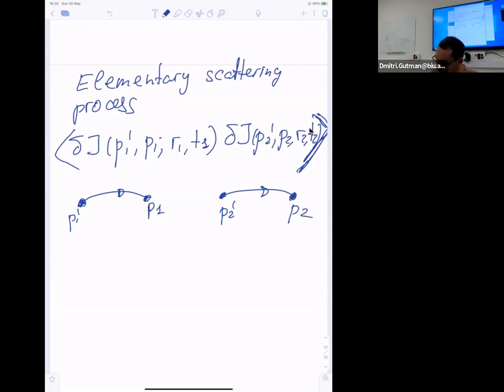So this is the random flux of particles that start at the point P1 prime and end up at the point P1. And this is the random flux between these two points. So think about it as an analogy of a random Poissonian current in the vacuum tube.